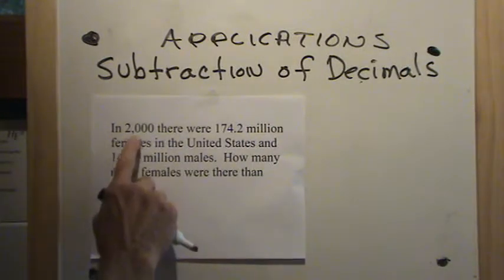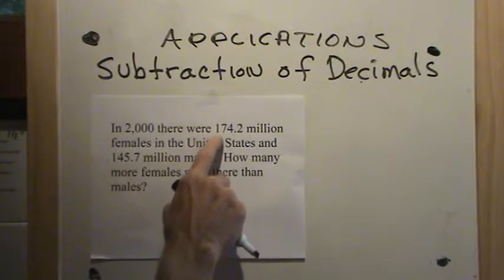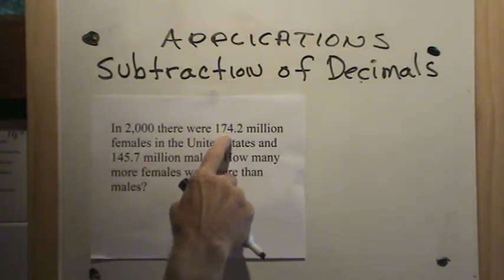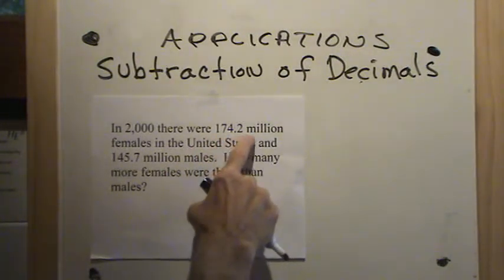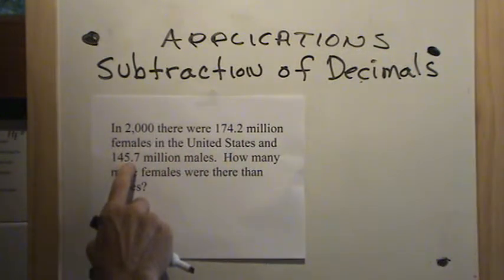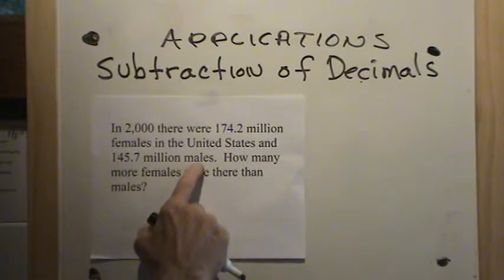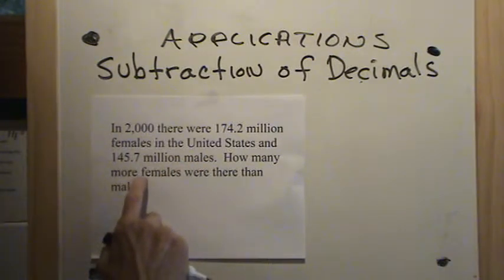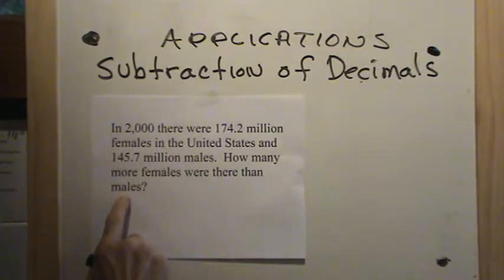Okay, in the year 2000, there were 174 and 2/10 million females in the United States and 145 and 7/10 million males. How many more females were there than males? All right, we'll put the video on pause, or the DVD on pause, work this problem, and then turn it back on, and then we'll get a chance to do it together.